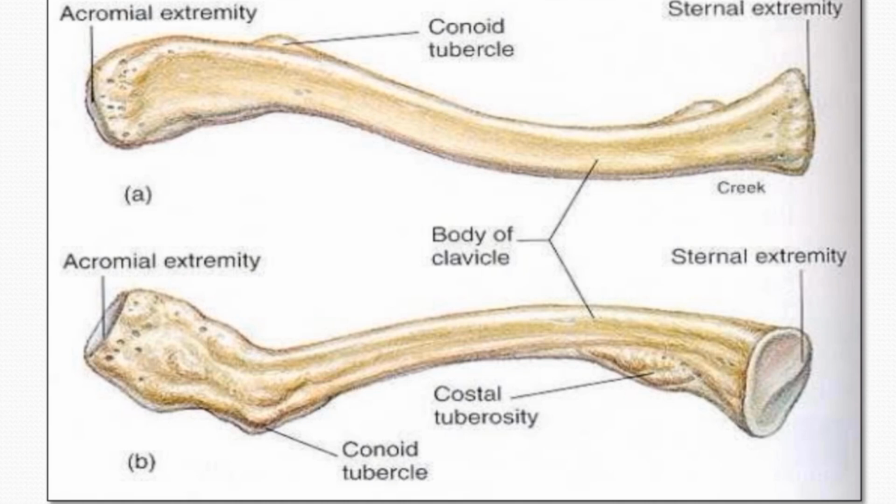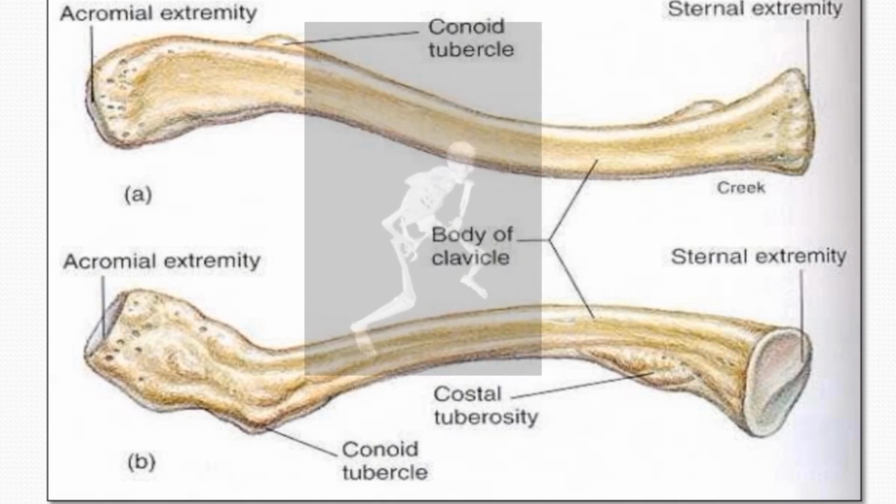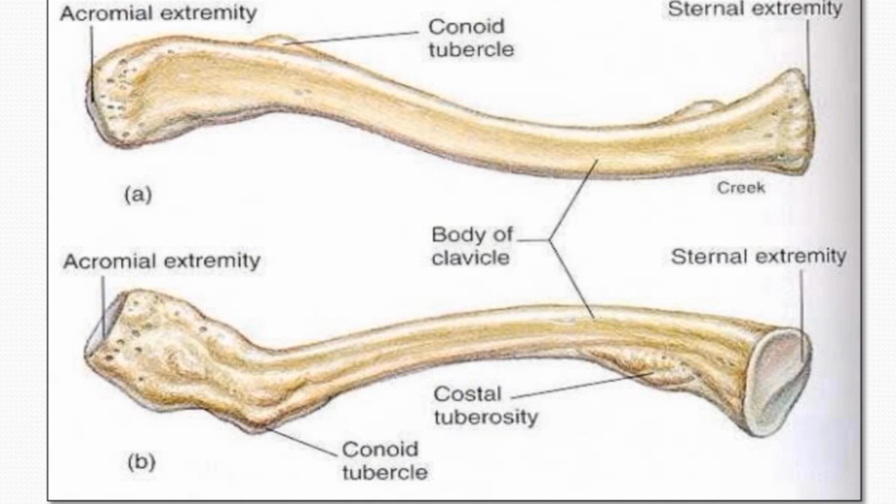So let's start by defining what the clavicle is. The clavicle is a long bone that connects the axial skeleton with the upper limb. As we said, it's a long bone that bears a lateral extremity and a medial extremity, as well as the shaft.